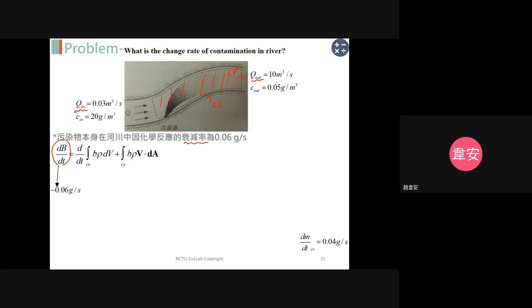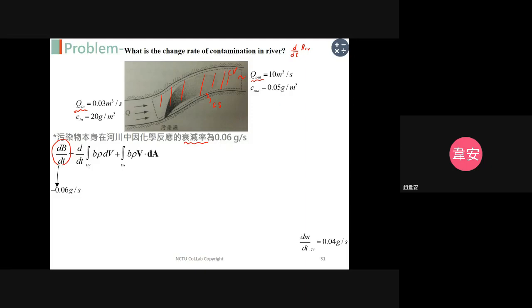And the question we need to answer: what is the change rate of the contamination in the river? So in this problem, we are focused on the dB/dt of the control volume. We need to answer the question for this dB/dt, but as we know, we are discussing concentrations.